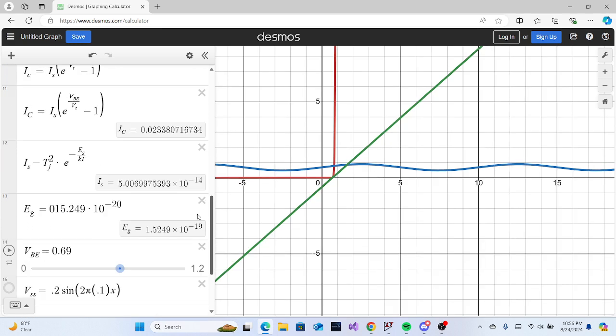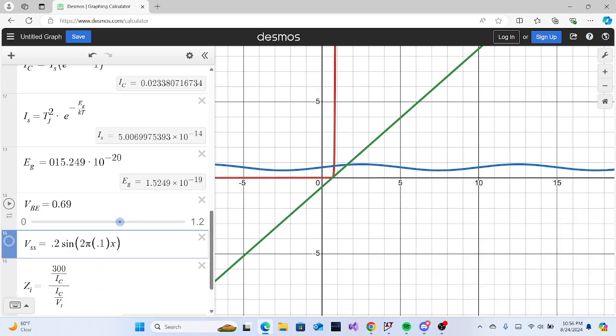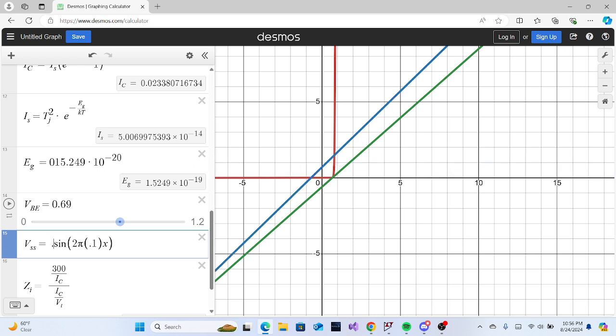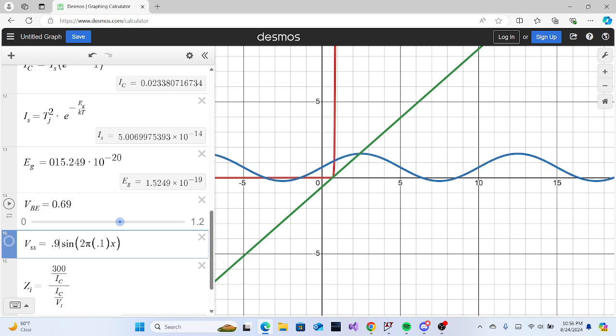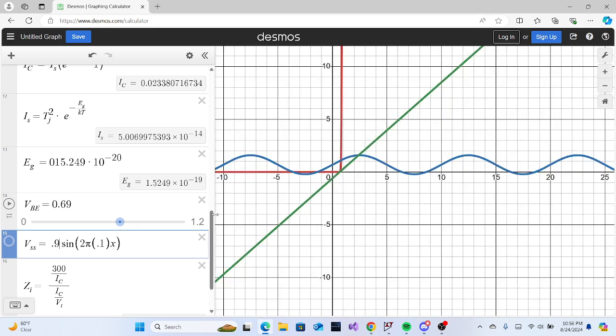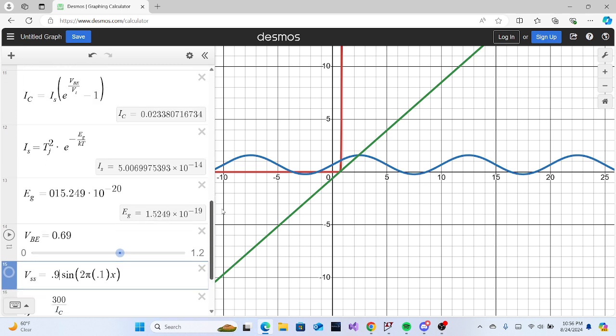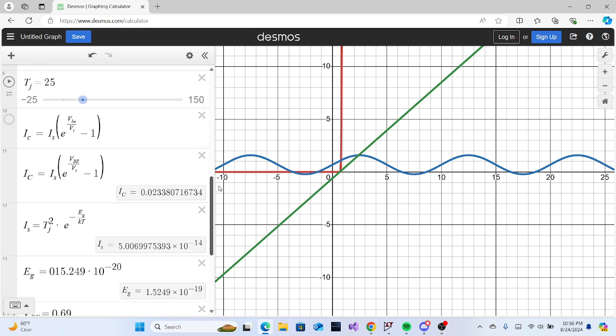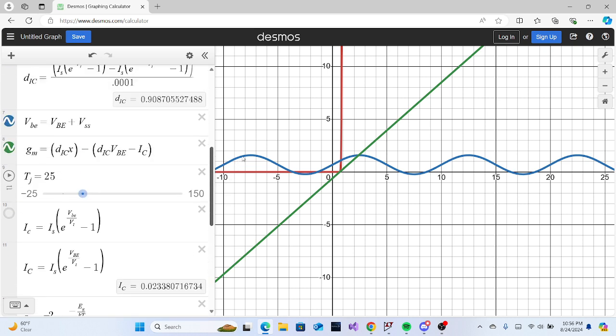We can change our small signal voltage down here. Let's make it larger. Let's make it 0.3, 0.5, 0.9. And as you can see, we're going to reach cutoff here. What I want to do is see this voltage sweep up and down the IV characteristic.